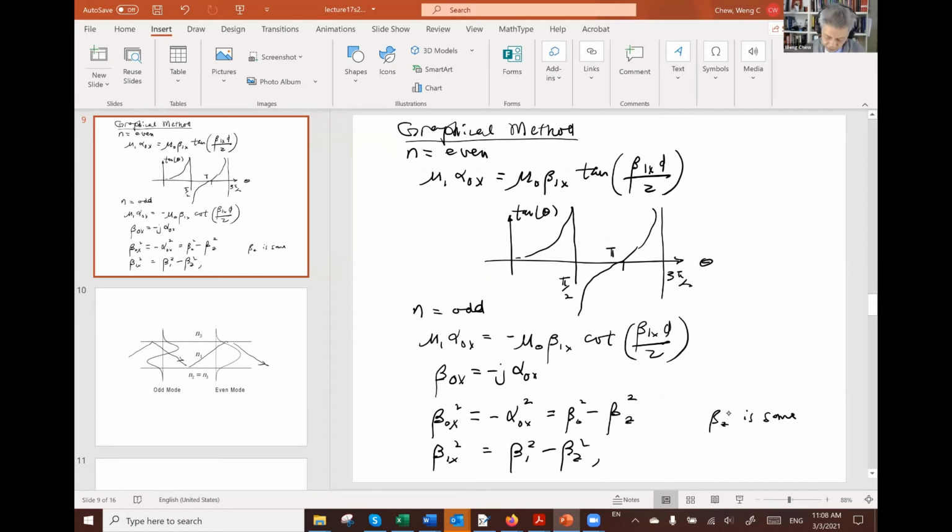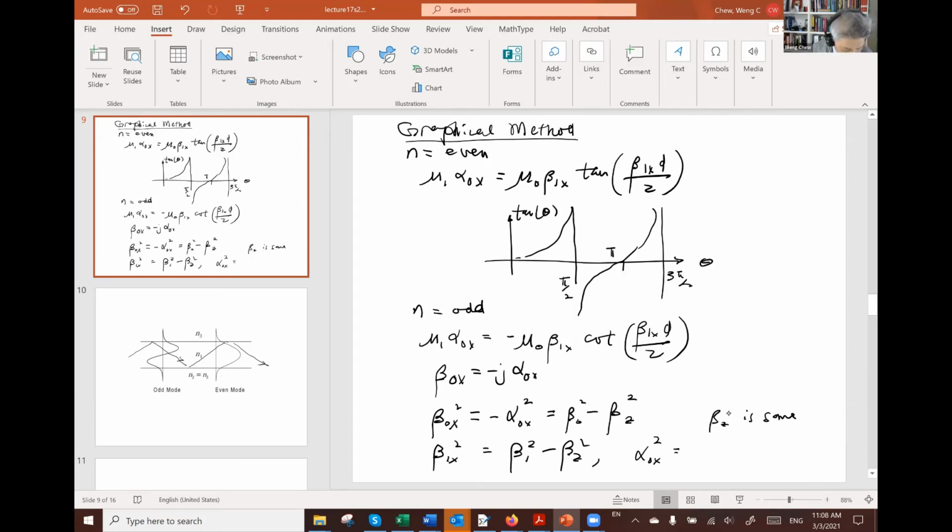And because of these two equations, you can subtract the two equations to eliminate beta z and express alpha 0x in terms of the other variables.